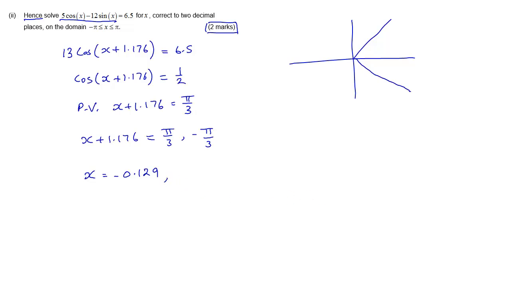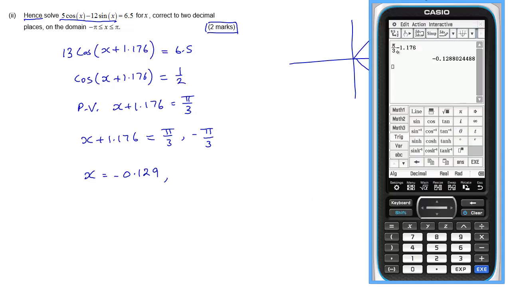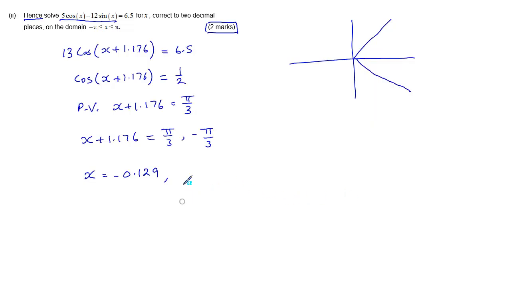And then negative pi by 3, so we could just make this one negative here. Negative 2.23, and both of those are within range, and it was supposed to be to 2 decimal places, so x is negative 0.13 or negative 2.23.